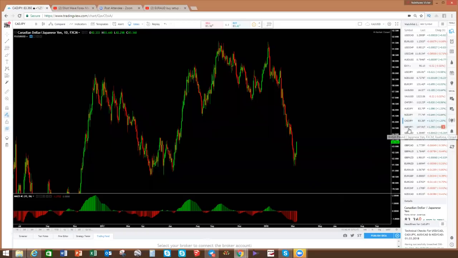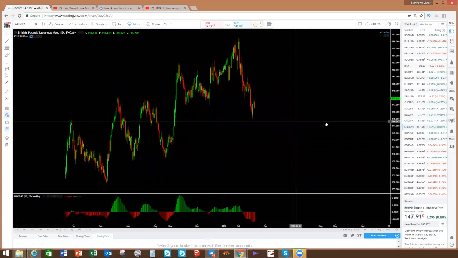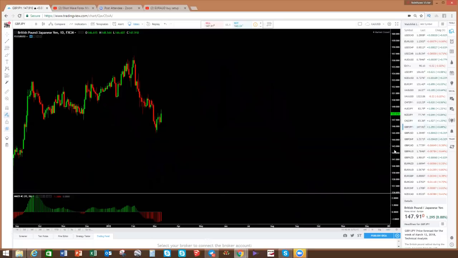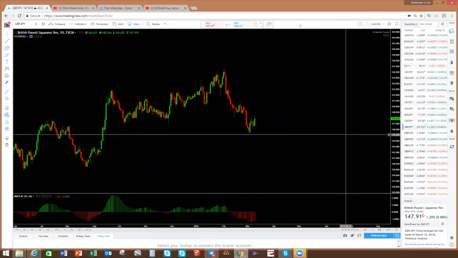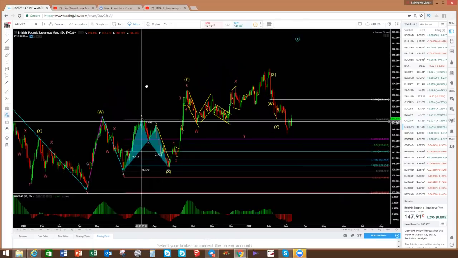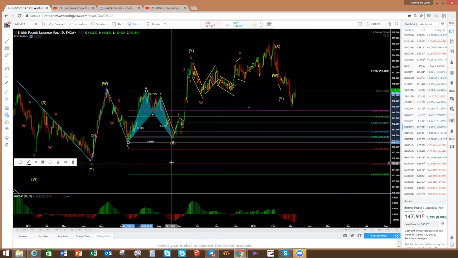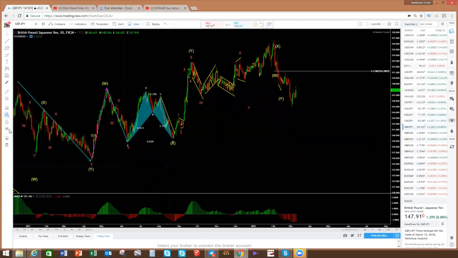That was CAD. Pound JPY. The move that is currently happening on pound JPY is a corrective one. I still haven't updated my count here because that's actually not correct. Let's switch that off.